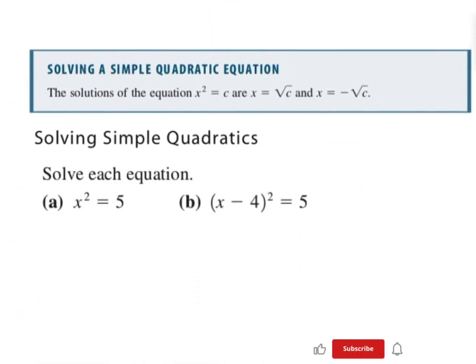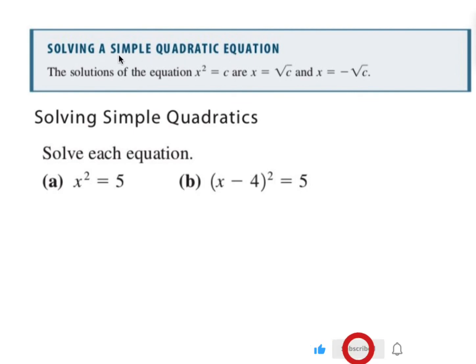Okay, so now solving a simple quadratic equation. If a question is given in the form x square equals c, we get the answer square root c and minus square root c. So we can compare this equation with this one.